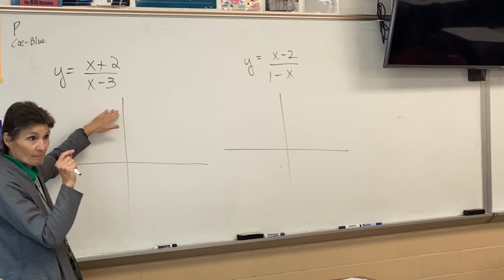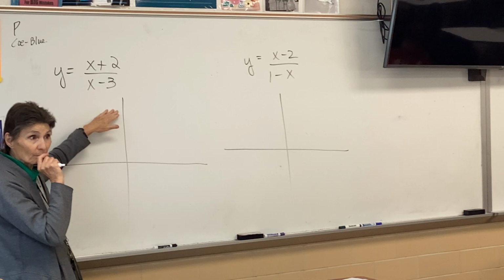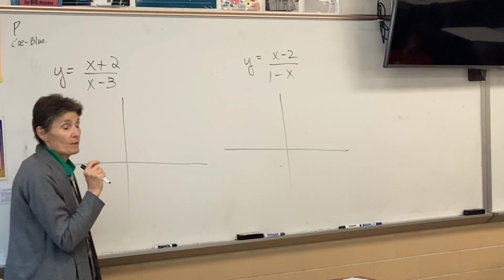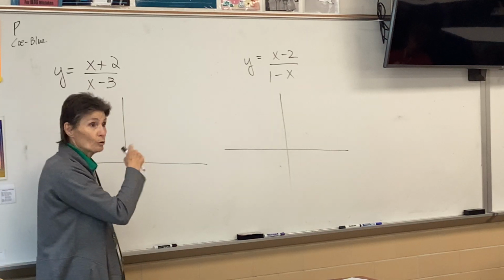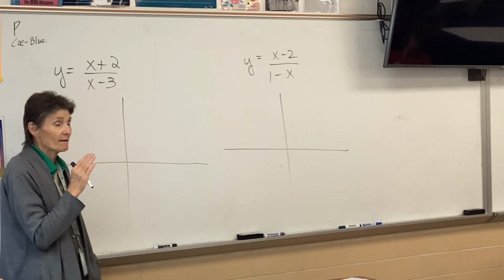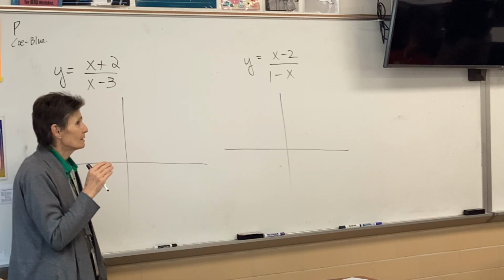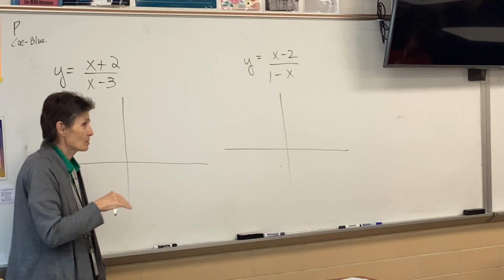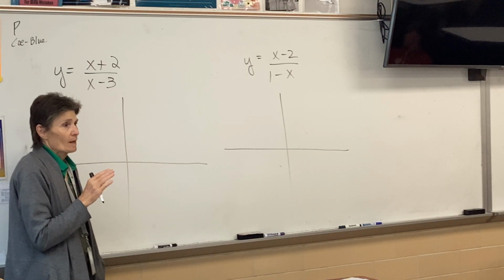Aren't they usually like square? Well, you can do square problems. We'll do them after we practice a few of these. But to have a vertical asymptote, it doesn't have to be square.